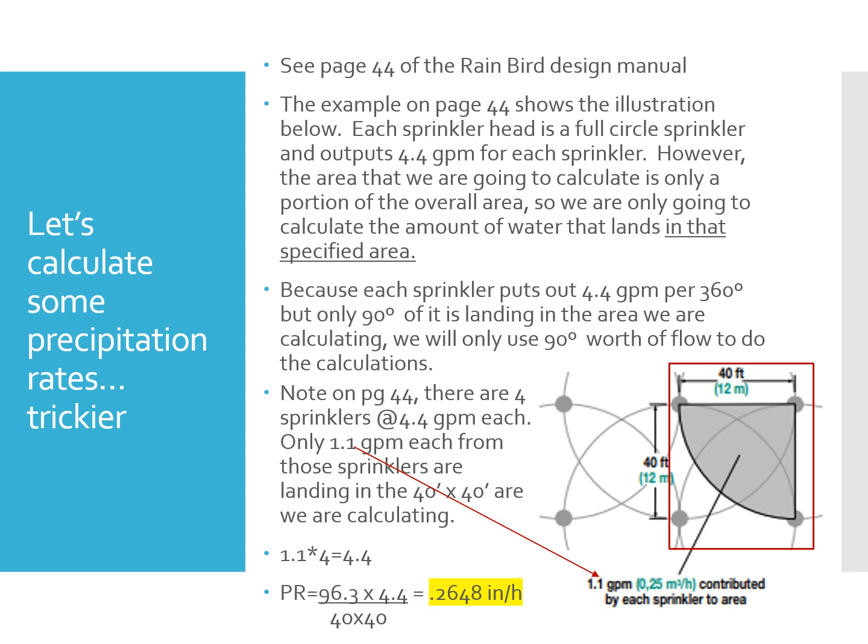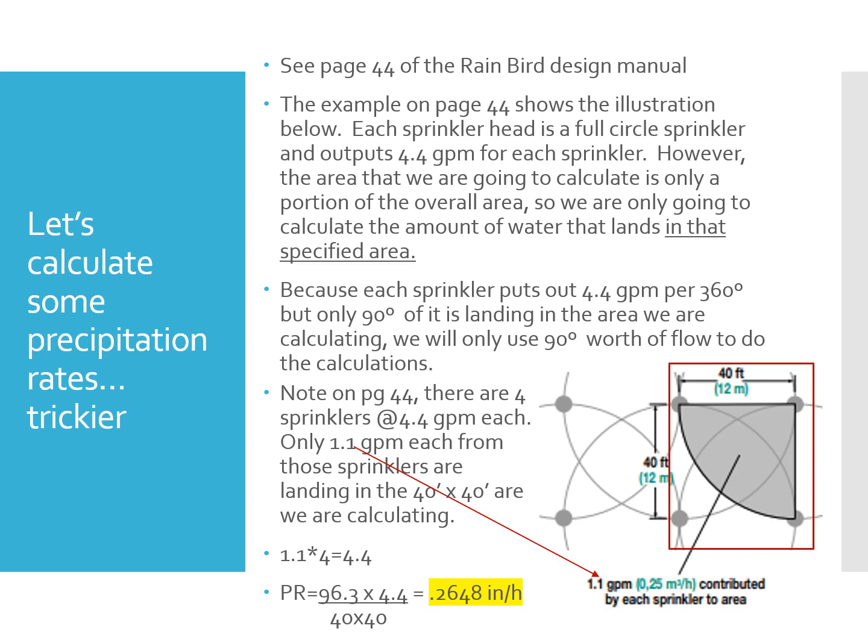So we're only going to calculate the amount of water that's landing in this particular 40 foot by 40 foot space. If this sprinkler head is putting out 4.4 gallons per minute and only 25% of that spray is landing inside of this square here, we're only going to count that much flow rate.